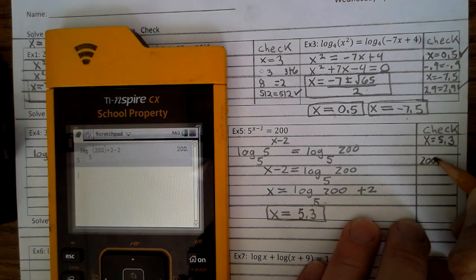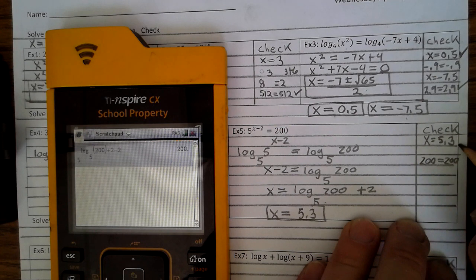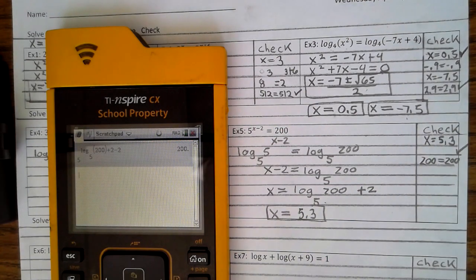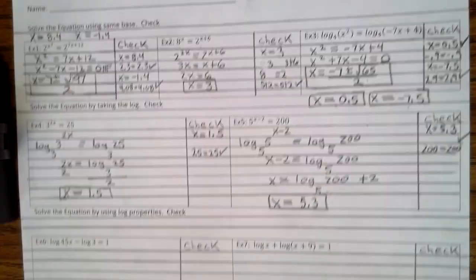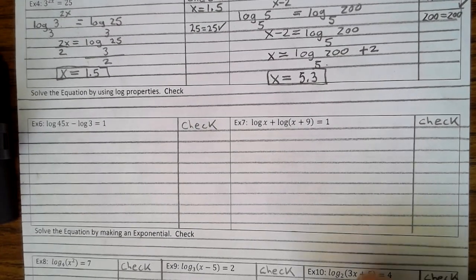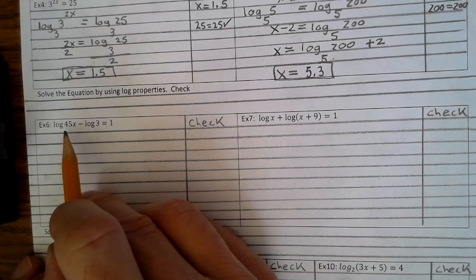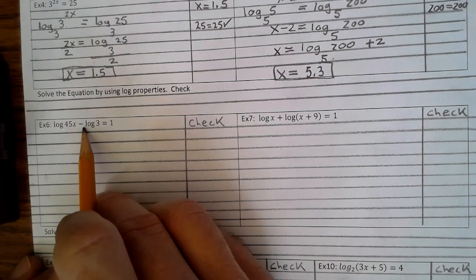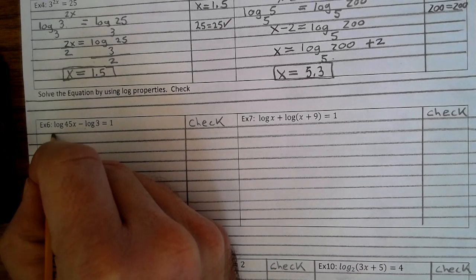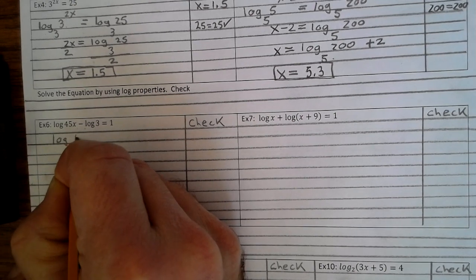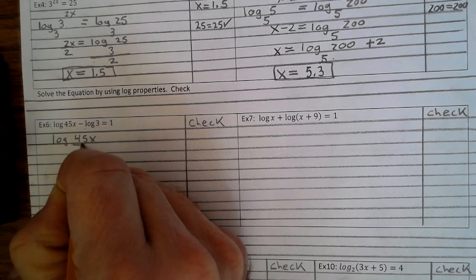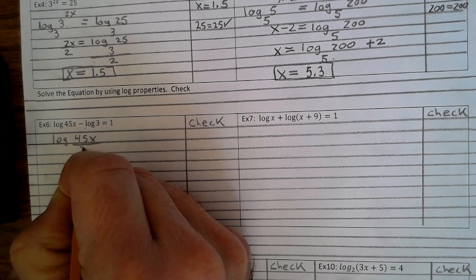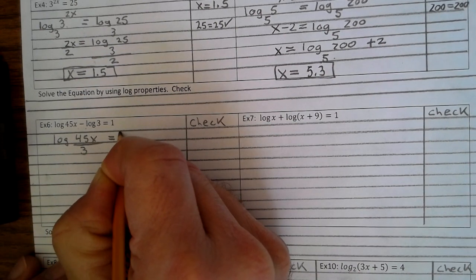Okay, let's take a look at example 6 and 7. Solve the equation by using log properties. So here, we know by the properties from our notes, from I think the previous lesson, that this is log of 45x divided by 3 equals 1. So now we need to raise both sides.